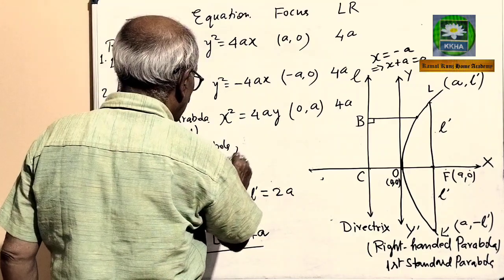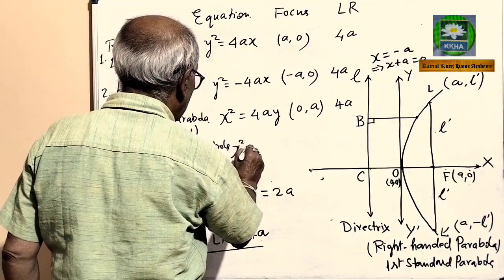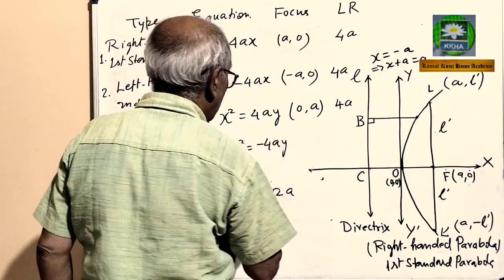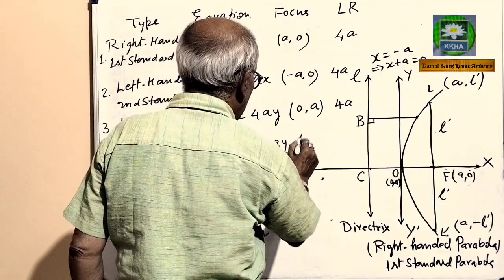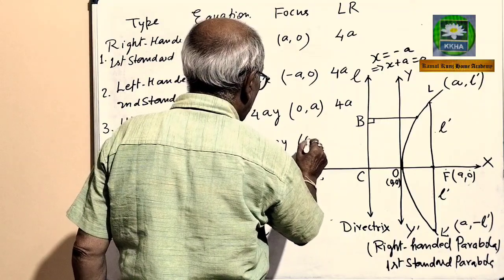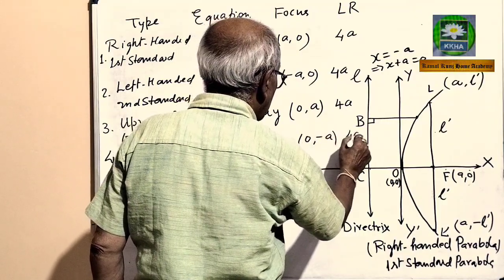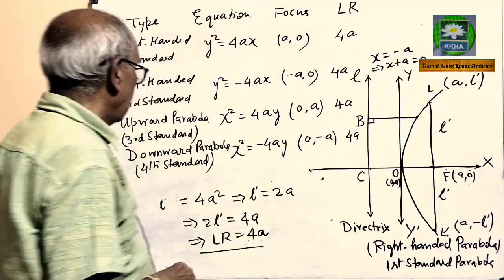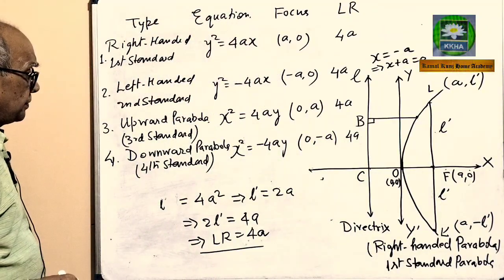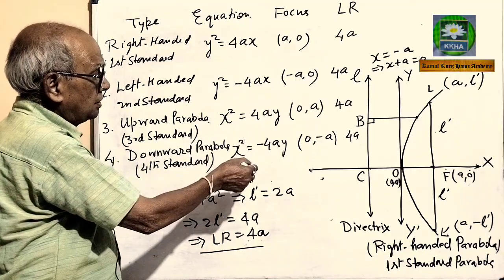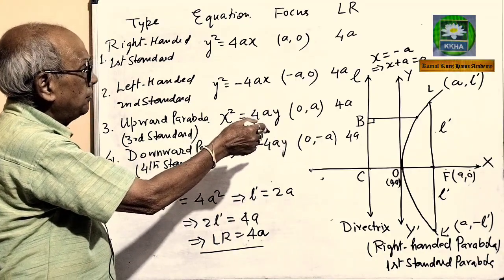This will be x square equal to minus 4ay. And here focus will be (0, minus a). Latus rectum will be the same, 4a. You can find these equations following a similar pattern, similar method.